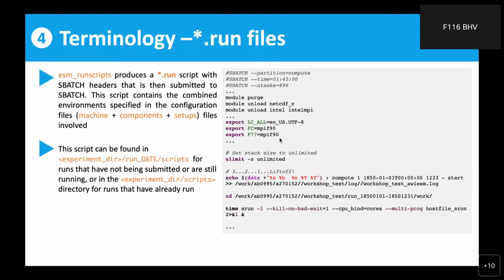And once it has all this information and it has set up the experiment folder, then it prints this information into this file. And this file is going to be submitted to SBatch, so to your job scheduler, to run a run. So not a simulation, but to run a run. And at the end of the run, it's going to submit the following run.